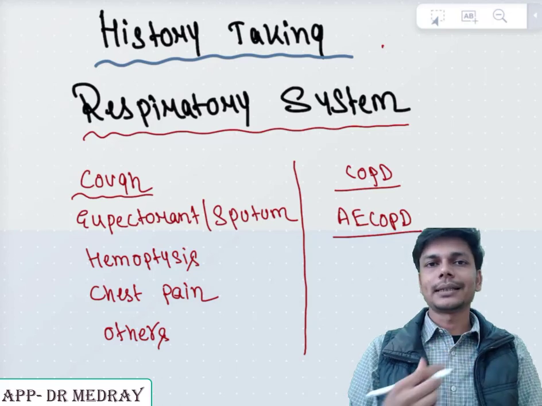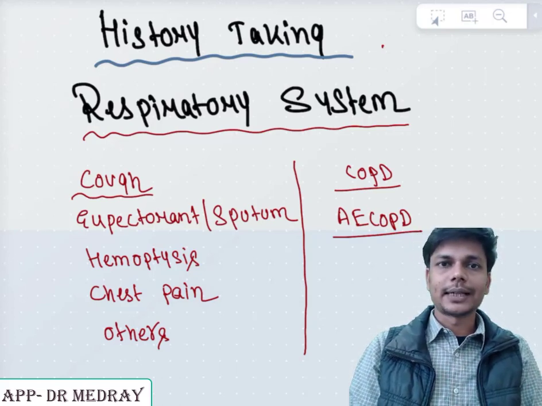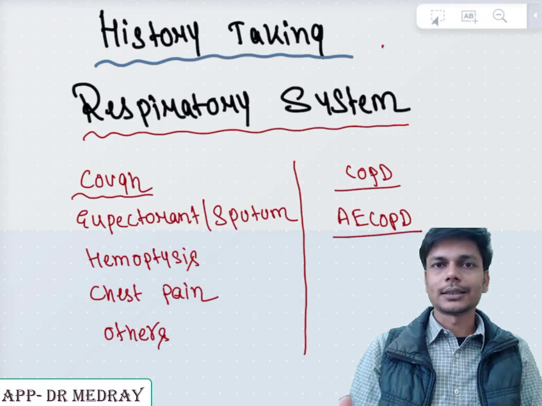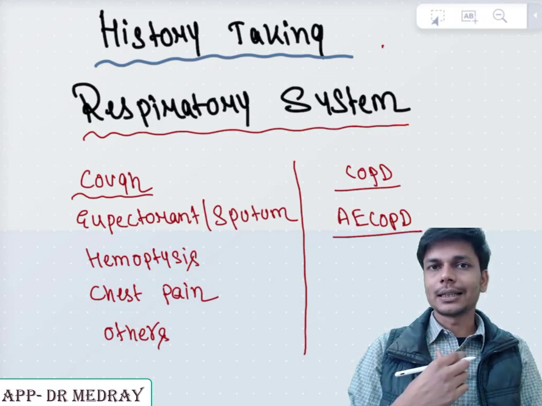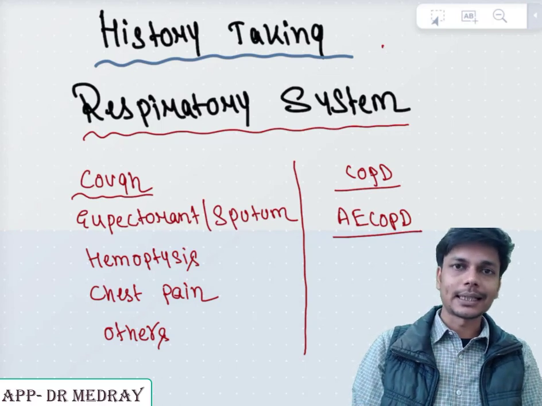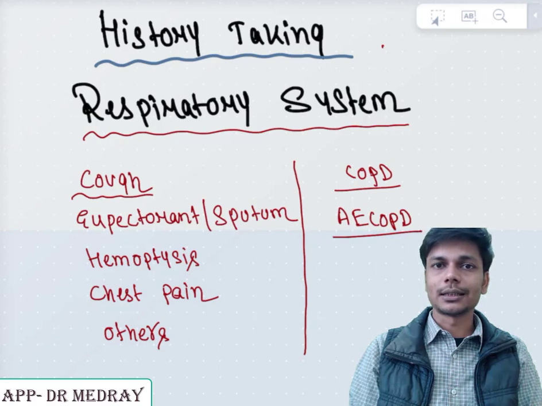Starting from the upper respiratory tract, because of viral infection or bacterial infection, when it subsides, it usually causes cough for a particular duration of time, that is known as post-nasal drip cough or post-viral cough or post-upper respiratory tract cough. It is usually a self-limiting condition which causes cough.